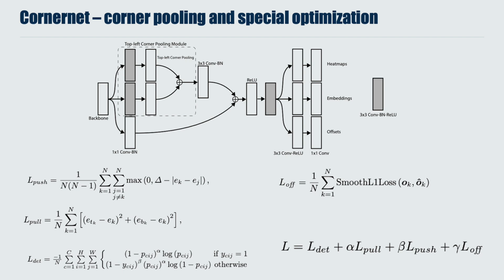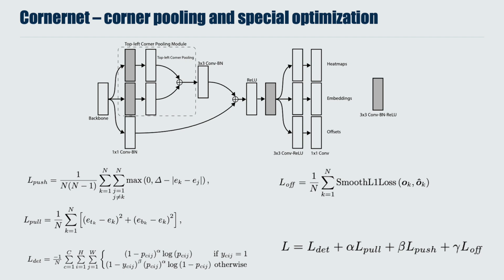And so I was telling you before about the embedding system, and that's what the L_pull and L_push loss functions are doing. So what happens when they are training the embedding is that they consider that e_tk is the value of the embedding for the top of object k, e_bk is the value of the embedding for the bottom of object k, and they have e_k, which is the average of the two.